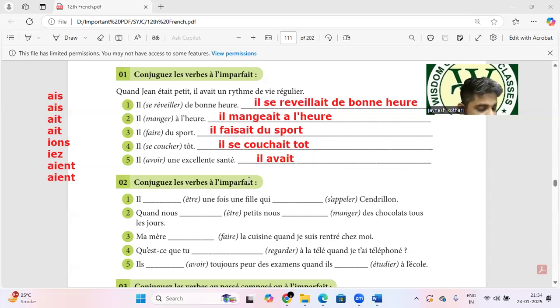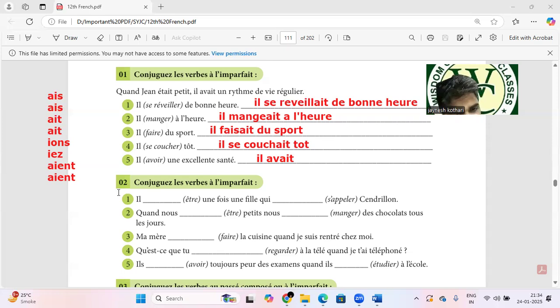He used to have an excellent health. So what is the meaning of the first sentence? He used to wake up early. Chalo, done. Let's do question number 2.